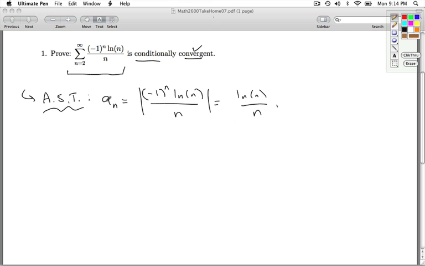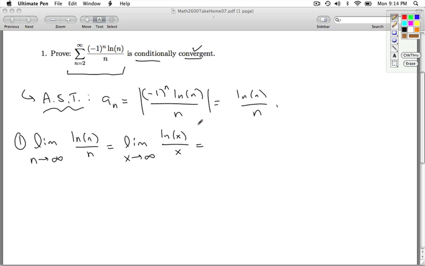So what do we need to show about these a sub n's? We need to show that their limit is 0 and that they're decreasing. So let's check that the limit is 0. As n traipses off to infinity, the natural log of n over n. I can go ahead and replace the n with the x there and get a function of real variables. This is the prime candidate for L'Hopital's rule.